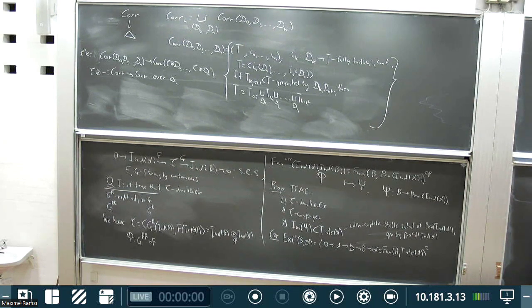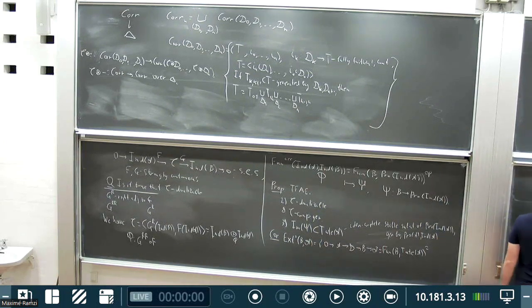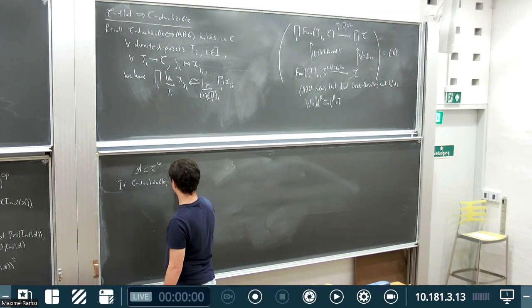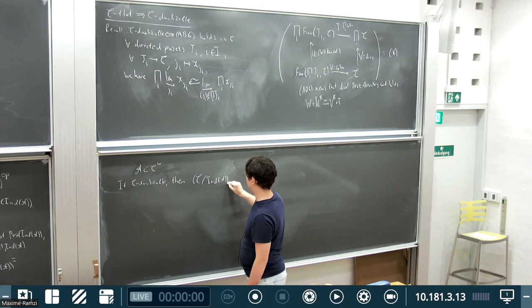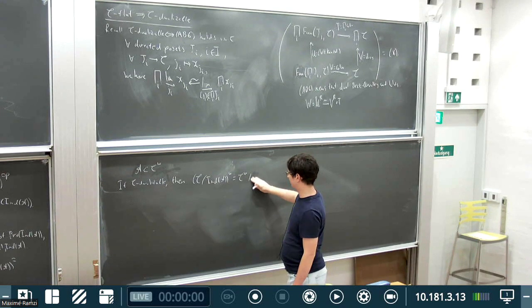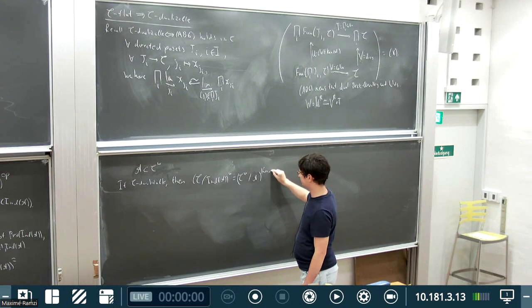The idea is basically that we have this inclusion of compact objects of A into compact objects of C. Then if C is dualizable, when you take the quotient of C by Ind of A and take compact objects, this is the same as taking the quotient of compact objects of C by A, and then taking Karoubi completion.